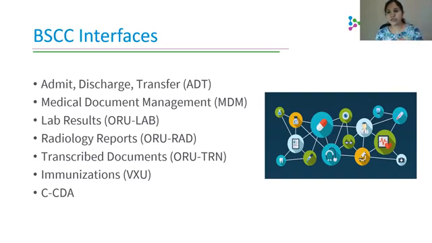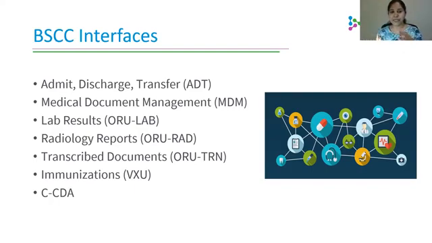And immunizations we can do bidirectional, not right away, but in the future we would be able to do a query and retrieve on immunizations. And the other thing I want to mention here is Big Sky Care Connect can also receive a CCD. So we can receive a CCD either via XDS.b, or we can do an XCA query, or also we can receive a CCDA via Direct, which basically you can send to a Direct mailbox and we can extract that CCD from that mailbox and ingest it into our system.